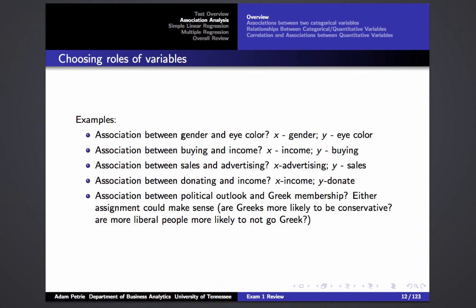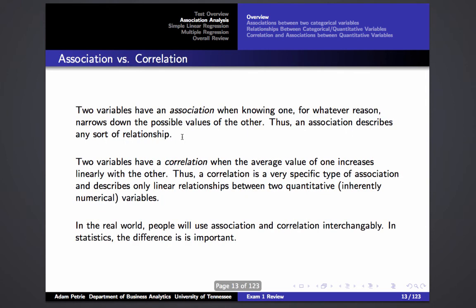I have a slide that reviews a few examples, but I'll skip that. Related to the word association, which is just a general word for when two variables have a relationship, we also have the specific word correlation. Correlation refers to a very particular type of association. Two variables have a correlation when the average value of one increases or decreases linearly with the other.